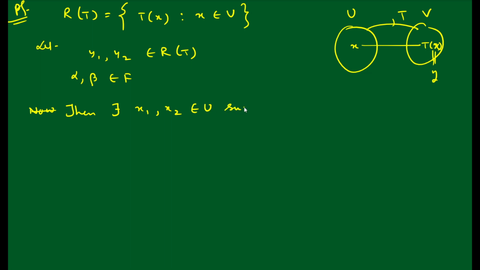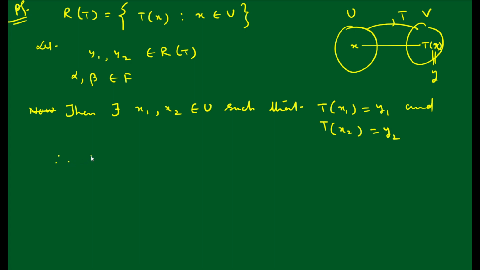U, such that T of x1 will be equal to y1 and T of x2 is equal to what? y2. Okay, so y1 का जो प्रीइमेज है वो x1 है और y2 का जो प्रीइमेज है वो क्या है? x2. And we have taken two scalars, what? Alpha and beta.